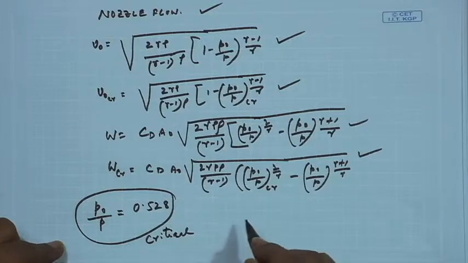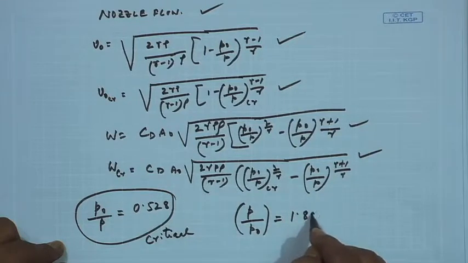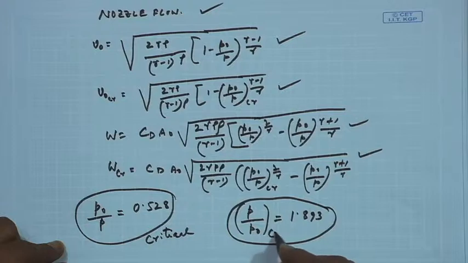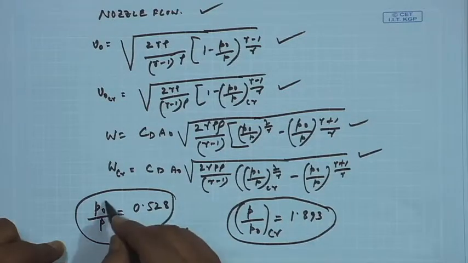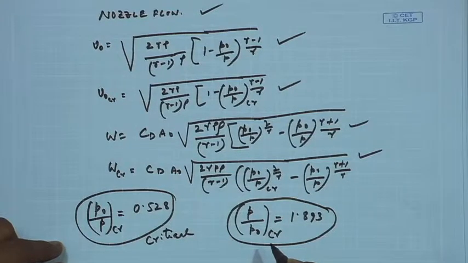The converse is also true: if the pressure ratio P by P0 is 1.893, then it is also under critical pressure ratio.